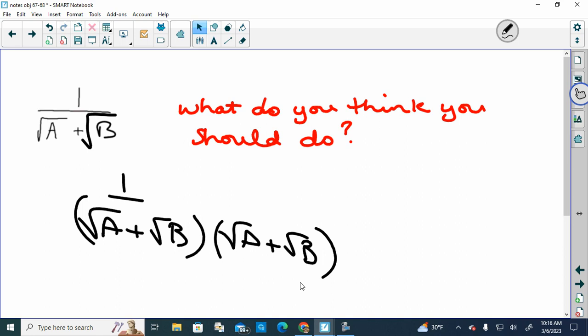So radical A times radical A would be radical A squared, which makes it what? A. If I do this times this, what is that going to make it? Radical AB, right? Does that get rid of anything? If I do it again, it gives me radical AB. So we're still going to have radicals on the bottom, correct? We're not getting rid of radicals by doing that.